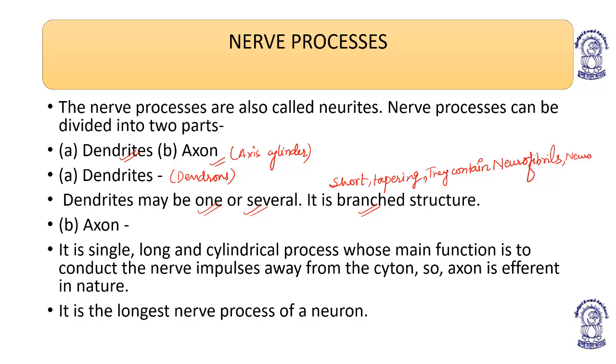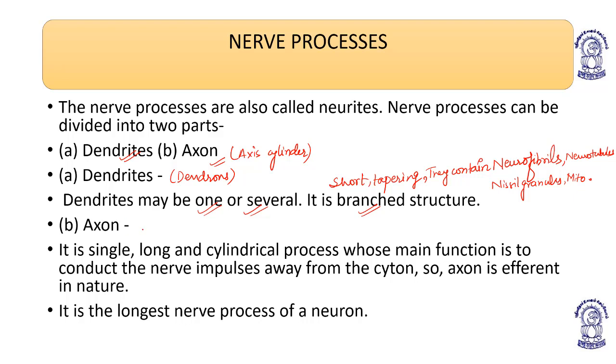Neurotubules are also there. They also contain Nissl granules, which are the basophilic granules, and mitochondria. Understood? They help in the conduction of nerve impulses towards the cell body.